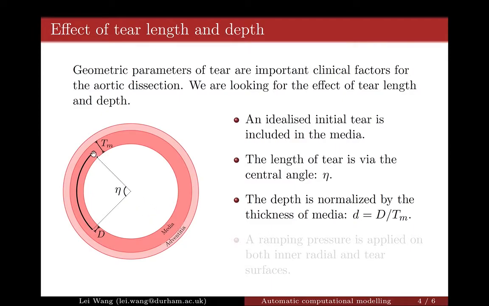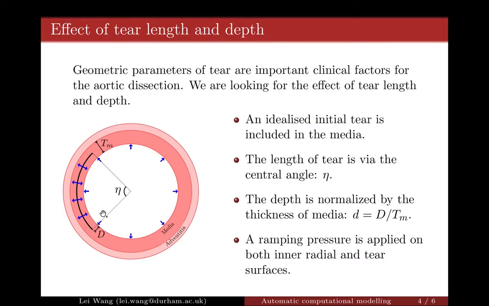And then we introduce the idealized initial tear in the media. The length is characterized by the central angle eta, and the depth D is measured from the inner radial surface. To simulate the blood pressure, we use a ramping pressure on both the inner radial and tear surfaces.